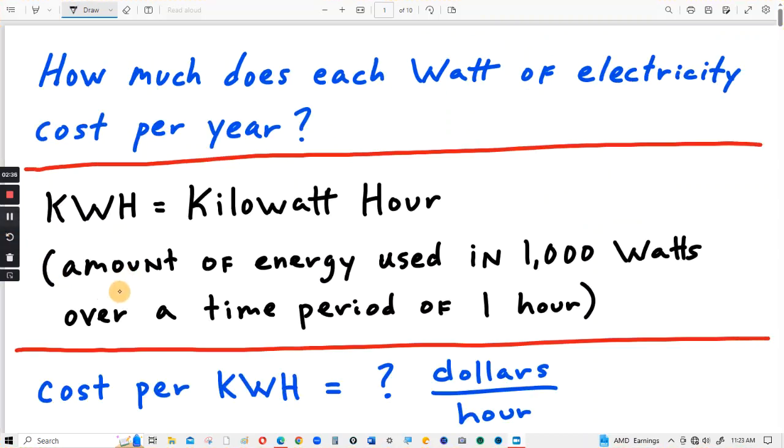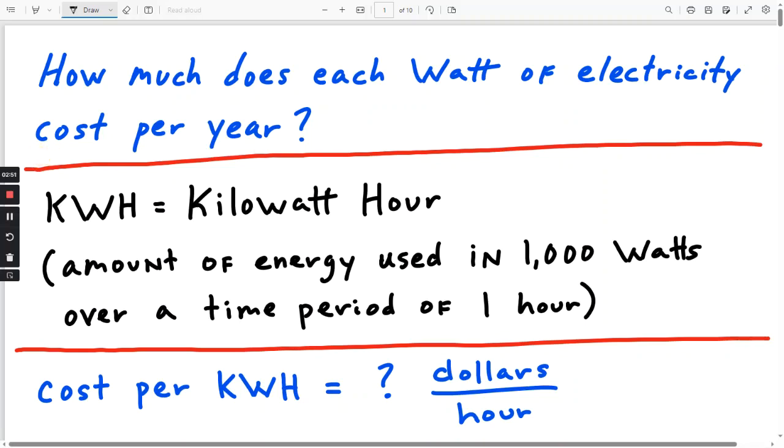Now, just looking at the original question, if we were to determine the units, we're looking to find how much does each watt of electricity cost per year. So since we're looking at a cost, okay, it's going to be in dollars. And that would be dollars per watt.